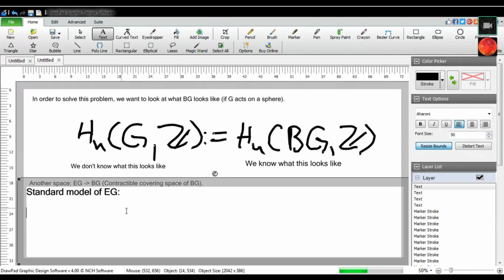Okay, there is actually a standard model of EG. If some of you know category theory, we have an easy answer: it is the nerve space of G as a category. This is a really stupid definition in my opinion, but I can show you what it actually looks like.